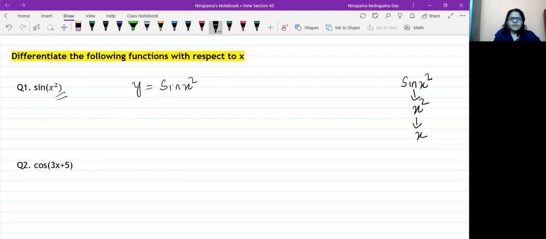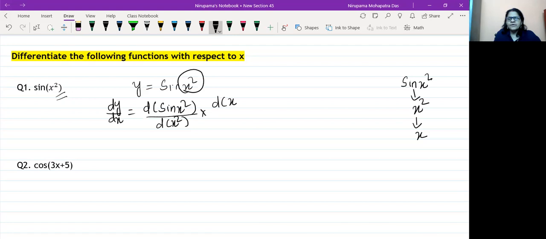So dy by dx equal to, as I said, this function with respect to that. Then only we can apply the formula directly. So the derivative of sin x square with respect to x square, we write like this, into the derivative of x square with respect to x. Okay. When we take d by dx of sin x, the formula is cos x.